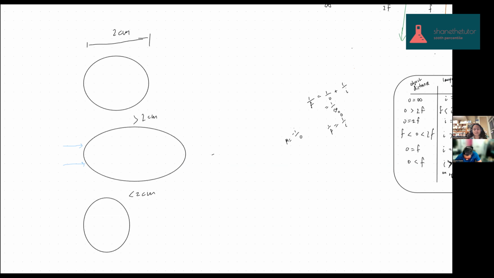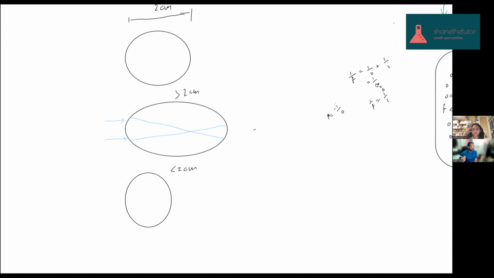So if your eyeball's too long, they converge in front of the retina, right?